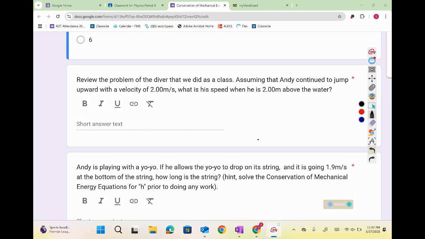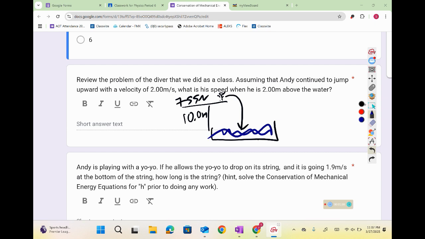If you remember this problem, there's a diver with a weight of 755 newtons. He is diving off of a 10-meter board. What we did was figure out what his final velocity was when he actually hit the water.